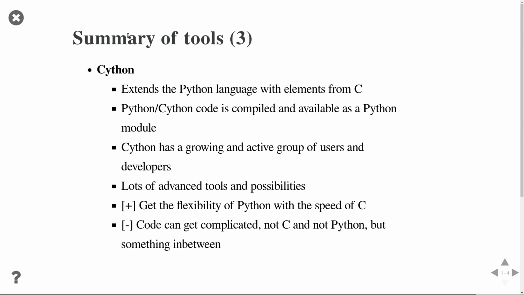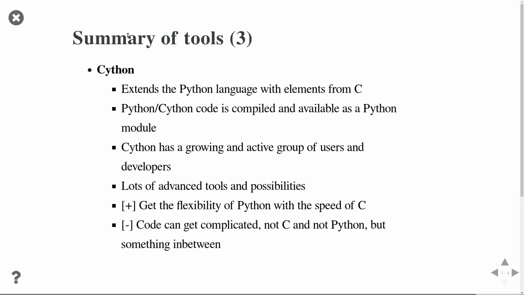And finally, we have Cython. So Cython is an approach that extends the Python language with elements of C. And so with a Cython program, we actually need to compile it. But once we've compiled it, it becomes a normal Python module that we can load in. And so Cython has become quite large, and there's quite a bit of users and developers that use it.